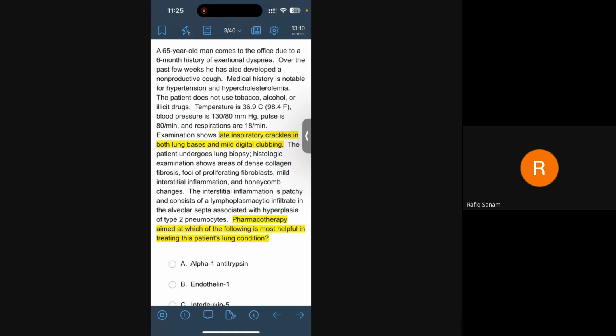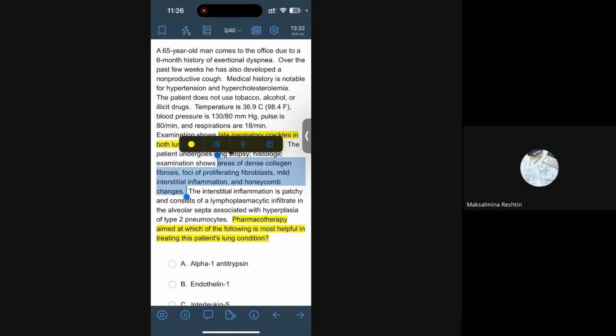Histological examination shows areas of dense collagen fibrosis, foci of proliferating fibroblasts, mild interstitial inflammation, and honeycomb changes. Honeycomb changes can be seen in both idiopathic pulmonary fibrosis as well as bronchiectasis.